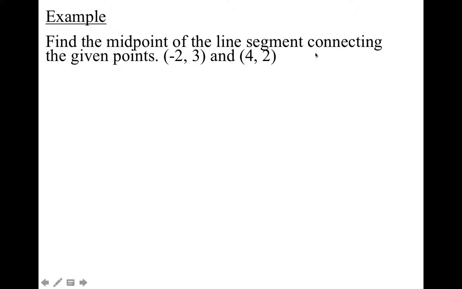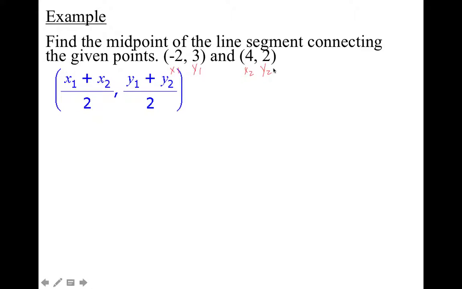It says find the midpoint of the line segment connecting the 2 points, and it gives it to us right here. So, remember, let's label x1, y1, x2, y2. Since I have an x1 and a y1 and an x2 and a y2, I can actually plug them into the midpoint formula. That gives me a -2, excuse me, and once again, we labeled them. So yeah, this is right.